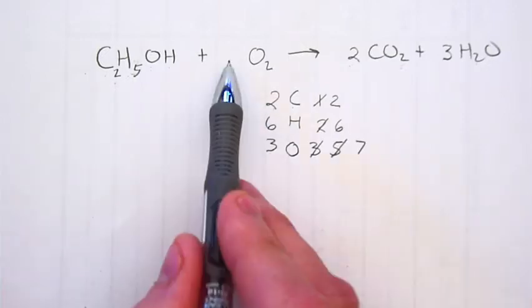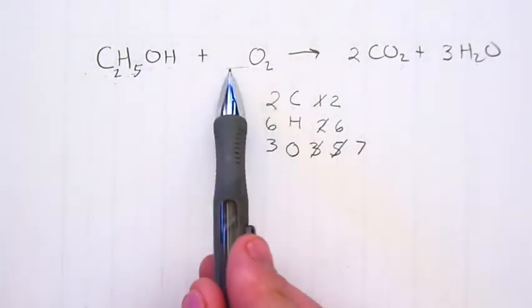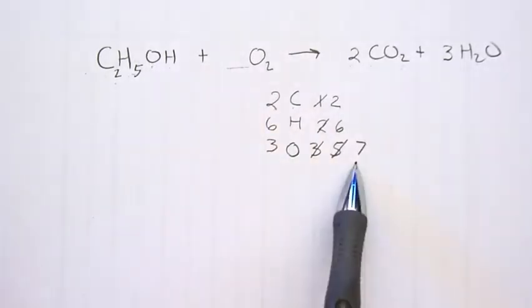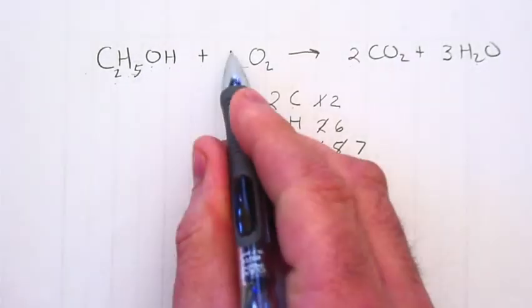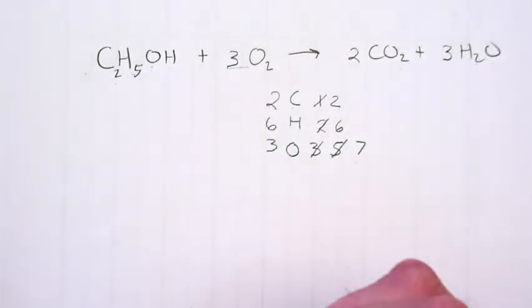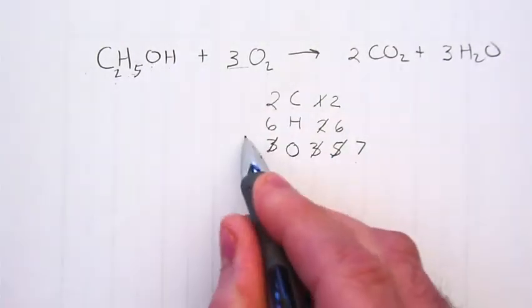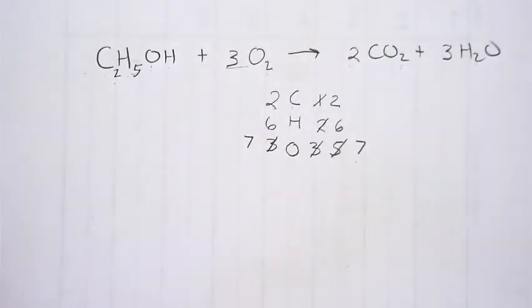So instead, we're going to try and put a coefficient here. Now the question is, what number times 2 plus 1 will give us the 7 that we need on the left? And of course the answer is 3. By putting a 3 there, 3 times 2 is 6, plus 1 gives us 7. Everything is now balanced, and the equation is balanced.